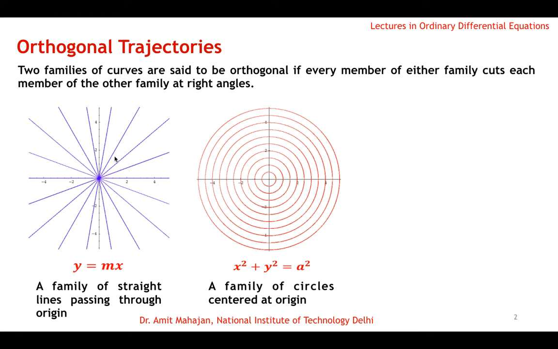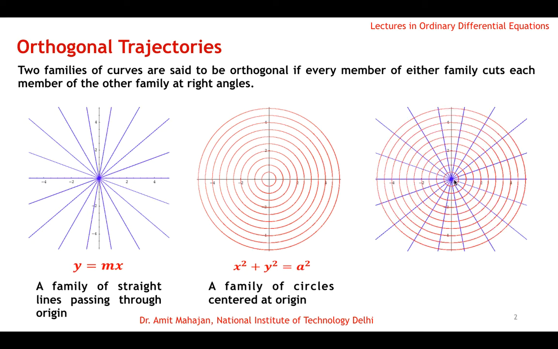Now if we superimpose these straight lines on these circles, that means we draw both families of curves in a single plot, then you see that the blue lines cut the red lines exactly at 90 degrees at each point of intersection. Wherever the straight lines passing through the origin meet the circles centered at the origin, they intersect exactly at 90 degrees.